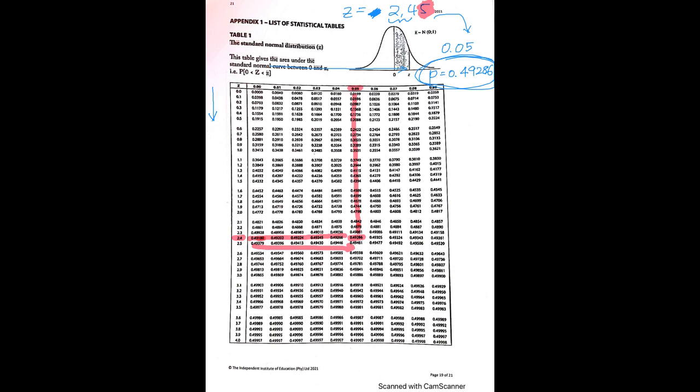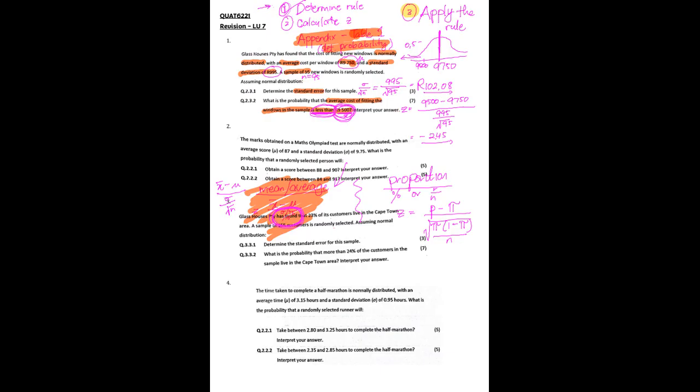I'm going to write down here again that same value that we determined from the table, 0.49286, and you will literally say P is equal to 0.49286. Now we can apply the rule in step 3, and I'm just going to erase here so I have some space to write.